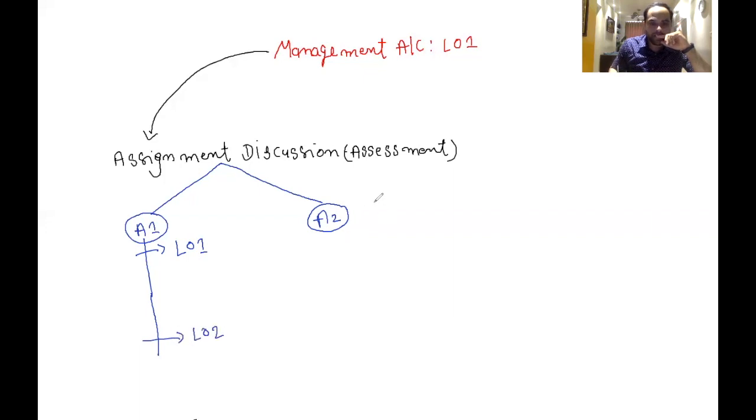And in assignment two, of course, you have two learning outcomes, learning outcome three and learning outcome four. So let's start with learning outcome one. What is this learning outcome about?